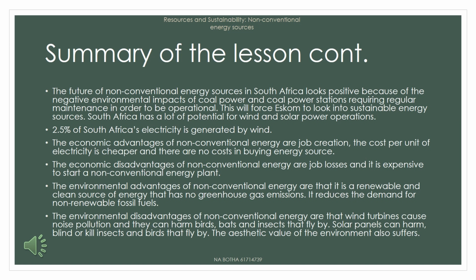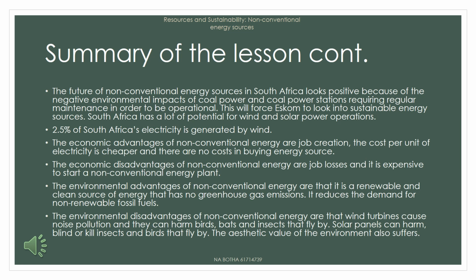The economic disadvantages of non-conventional energy are job losses, and it is expensive to start a non-conventional energy plant. The environmental advantages of non-conventional energy are that it is a renewable and clean source of energy that has no greenhouse gas emissions. It reduces the demand for non-renewable fossil fuels.